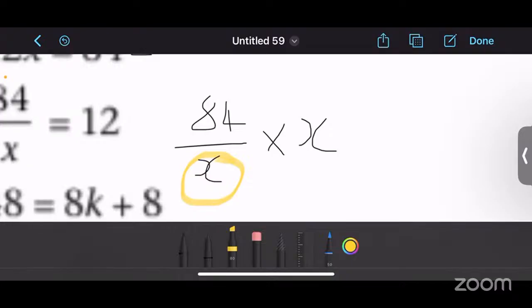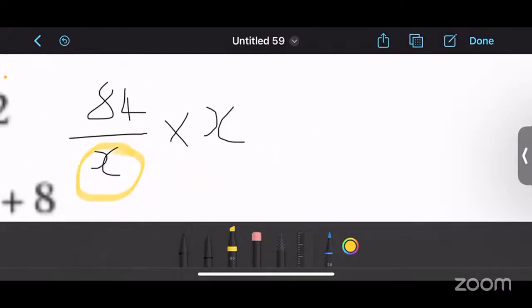The main goal is to get x is equal to 3, x is equal to 4, x is equal to Ule, x is equal to Manahil, x is equal to Naomi. So we want to get rid of the denominator being unknown or being a variable.